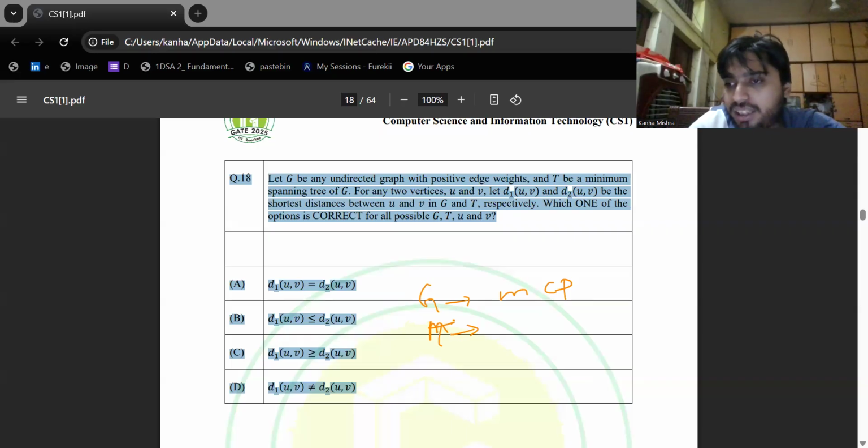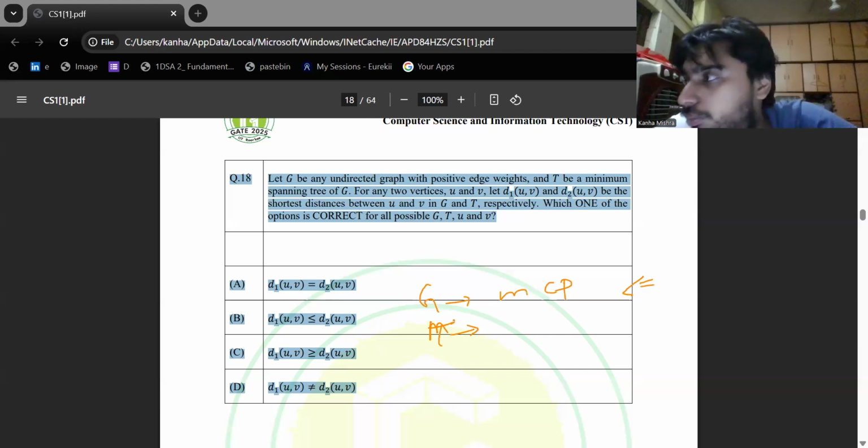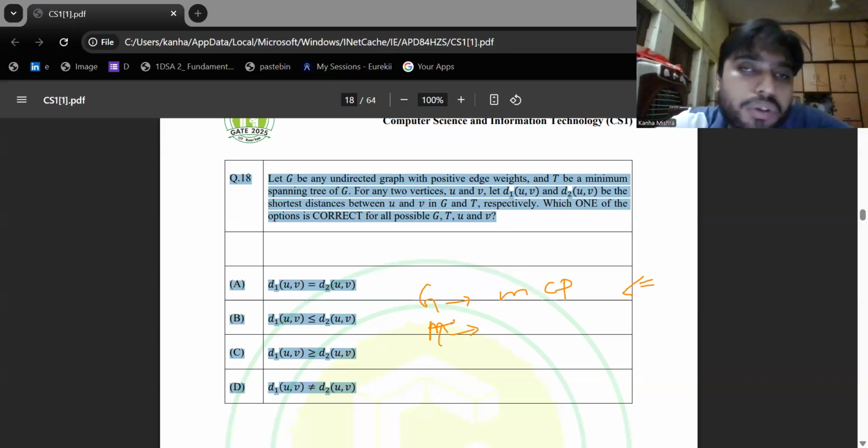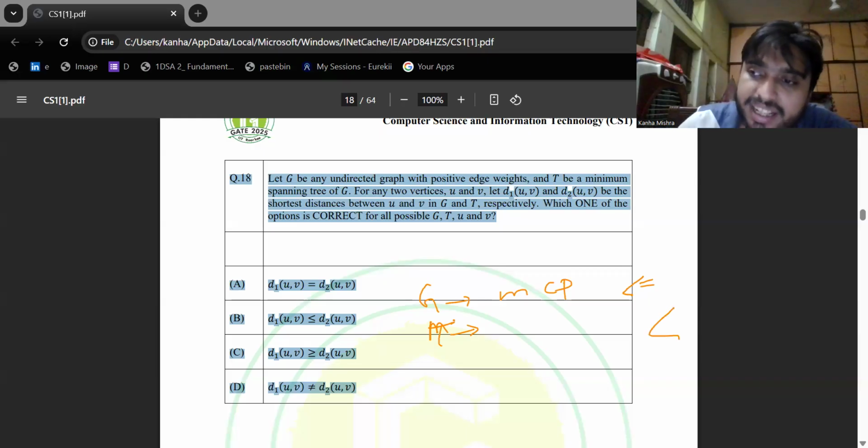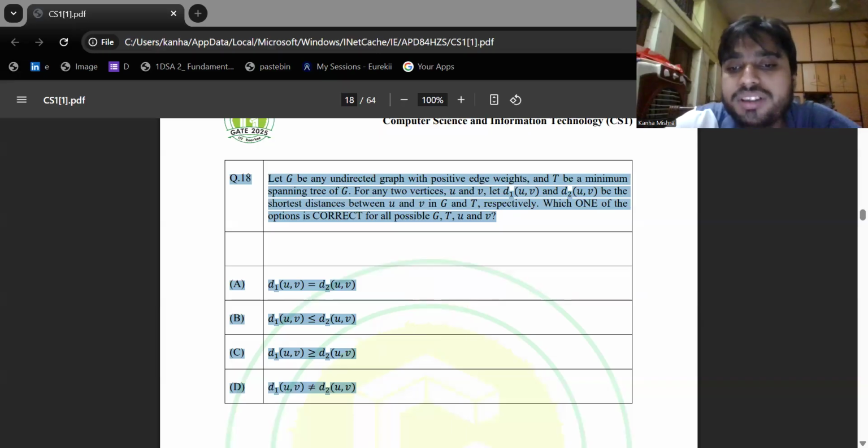It is possible that the graph path is less than the MST path, because the graph does not have such constraints. So it can be less than, and equal to is also possible. So that is option B.